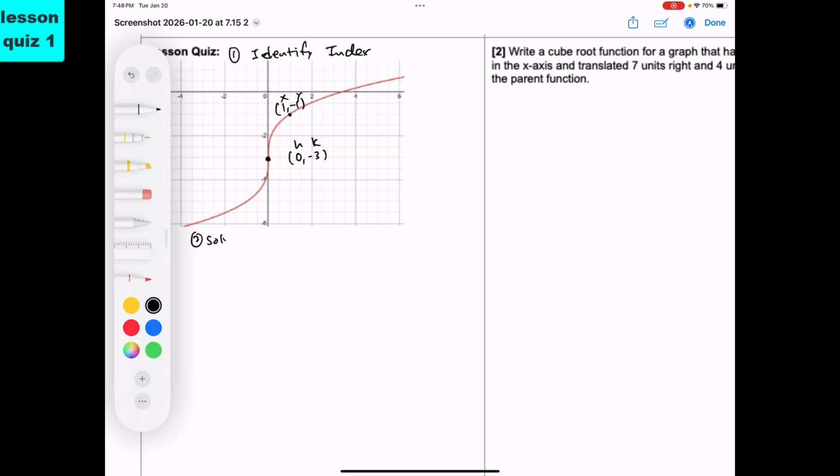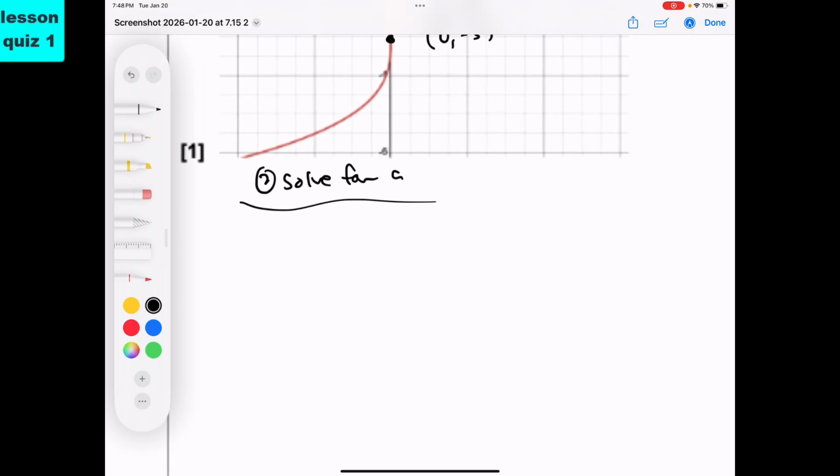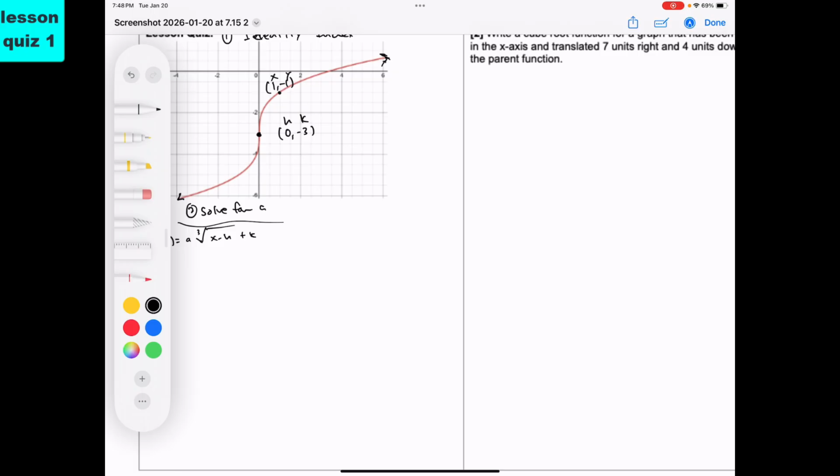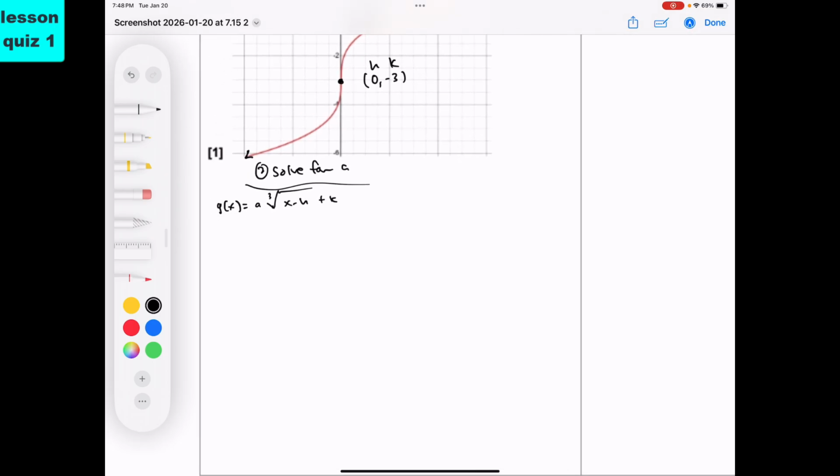Let's go ahead and solve for a. Remember, this looks like an odd index because my graph has both domain and range of all real numbers.